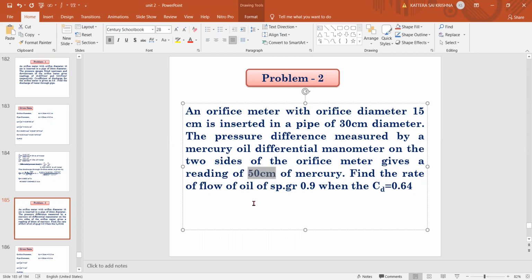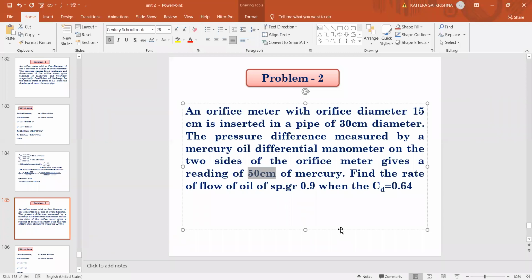So we can find H value by using X also. We have a formula: H equal to X into SH by S naught minus 1. We have two formulas for the pressure head. One is in terms of pressure heads, P1 by rho g minus P2 by rho g, or in terms of reading of mercury, H equal to X into SH by S naught minus 1. We have seen the same formula for venturimeter also, and the same thing can be applied here.